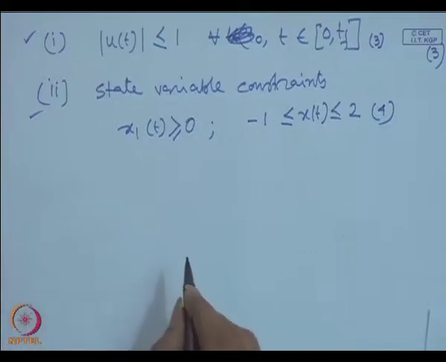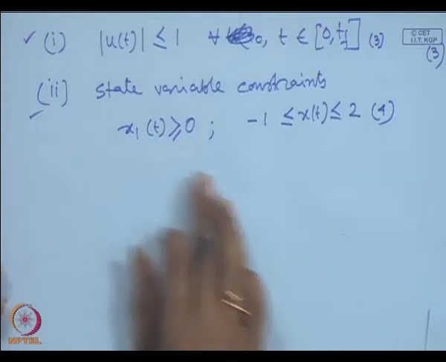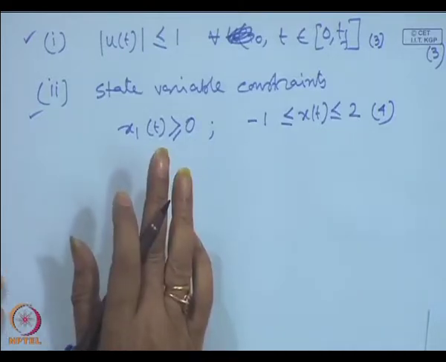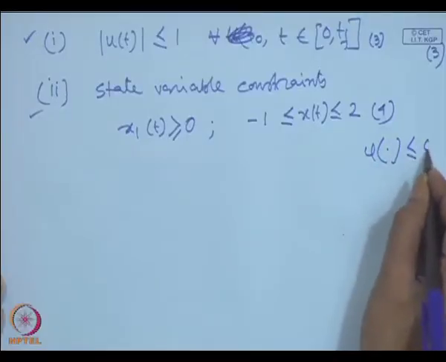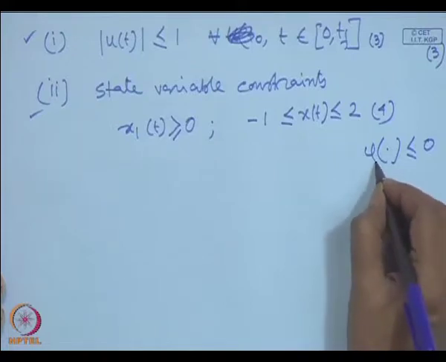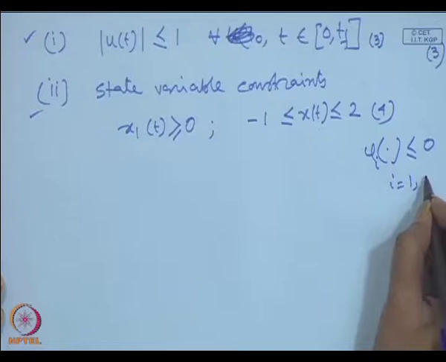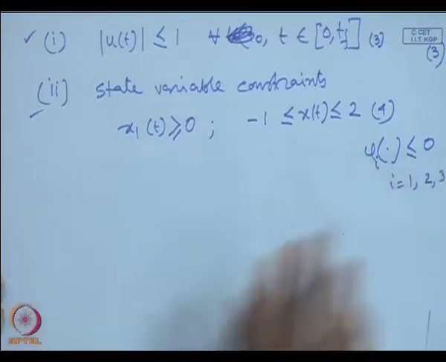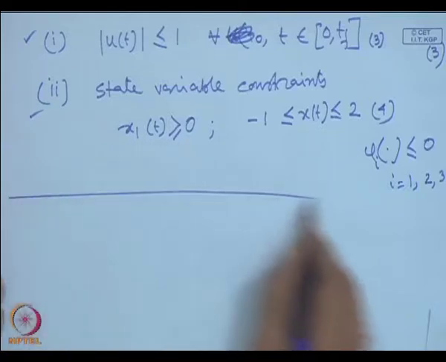So, how to solve this problem? We have told you that all inequality constraints we have to write in the structure psi i less than or equal to 0, where for our case i is equal to 1, 2, 3. Now, how do I write psi 1?